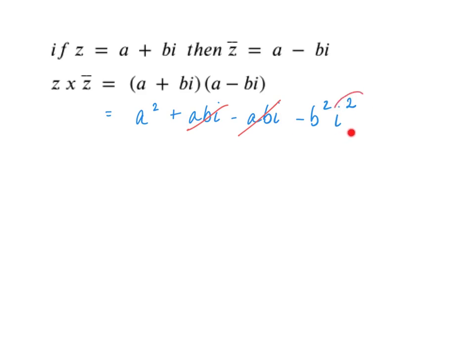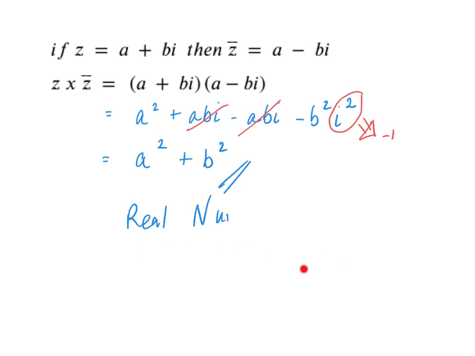The i squared here becomes -1. And I end up with a squared plus b squared. So when I multiply an imaginary number by its conjugate, I get a real number. Woohoo!